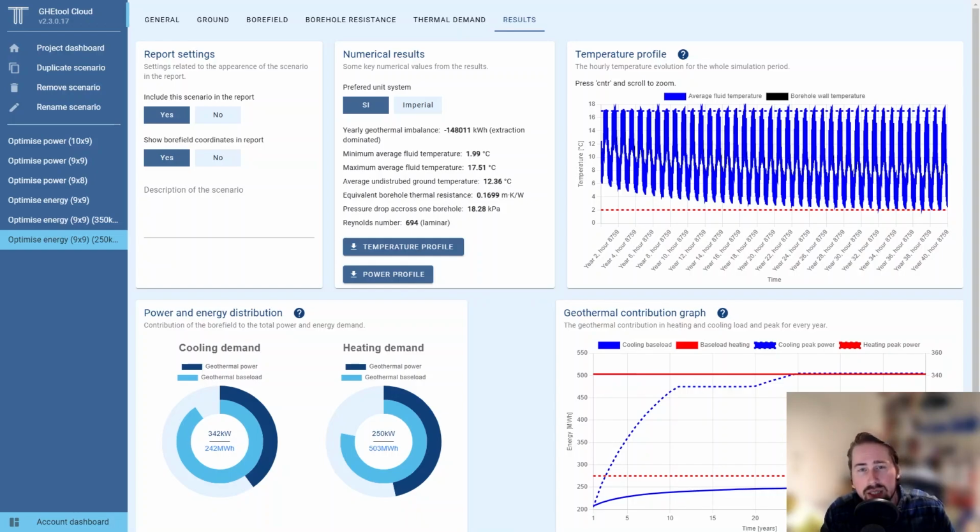Optimizing for energy and power, designing hybrid systems, it is a very complex and case-specific method. Depending on the space you have available, on your specific heating and cooling profile, depending on the amount of backup power or oversizing you want to do, depending on your economic parameters, you can end up with different designs.